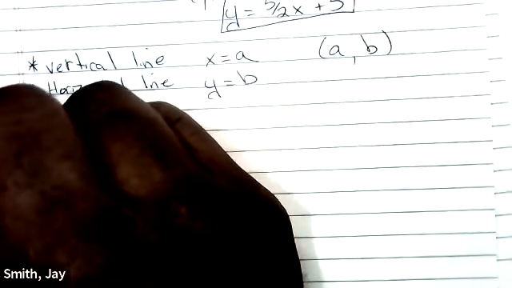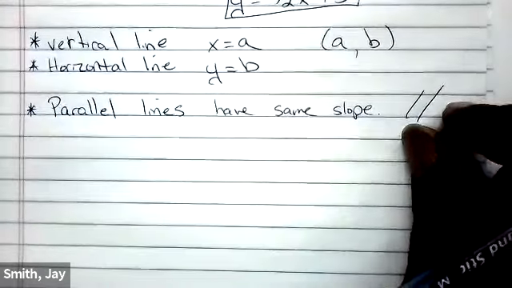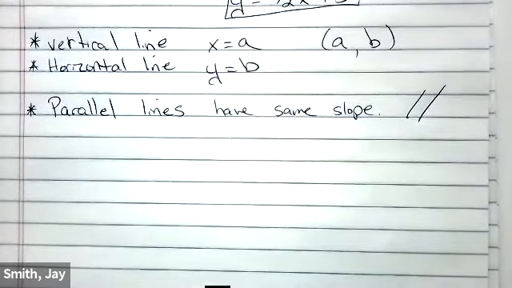A couple other relationships. Parallel lines have the same slope. Remember, parallel lines are basically lines that never intersect.